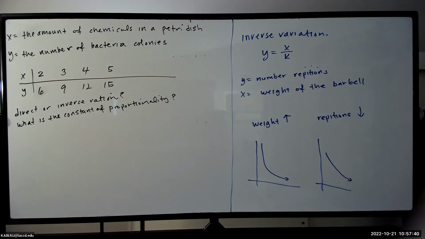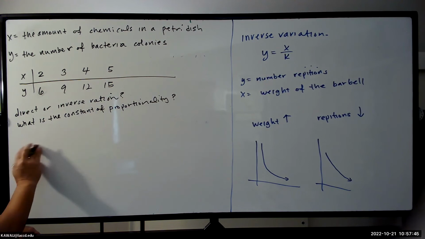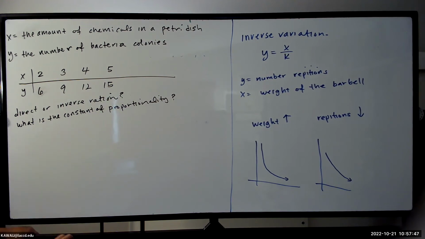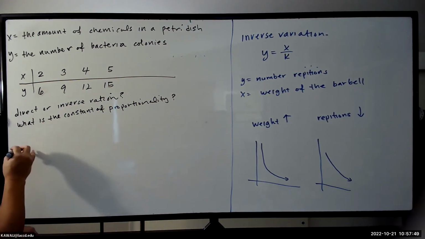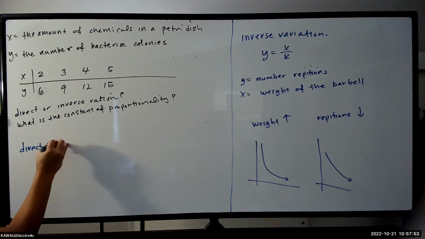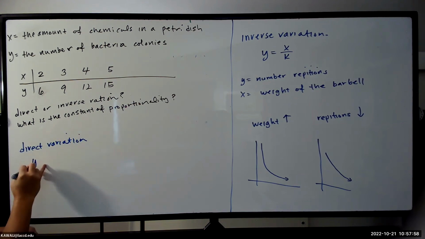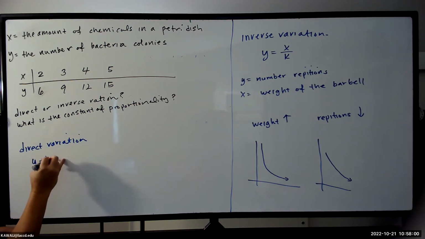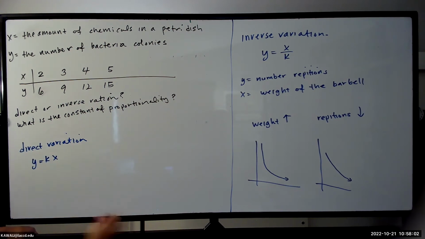Okay, so one way of thinking about this is that if I have a direct variation, I have y is equal to kx, where k is the constant of proportionality.